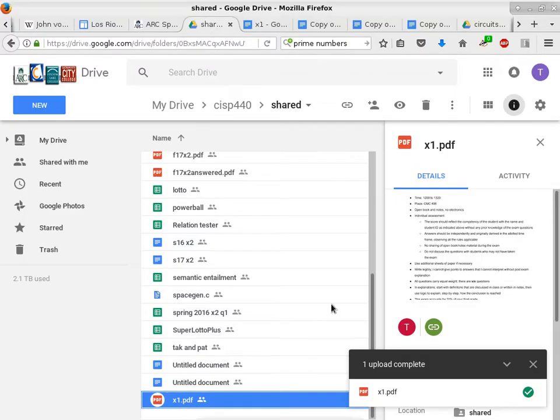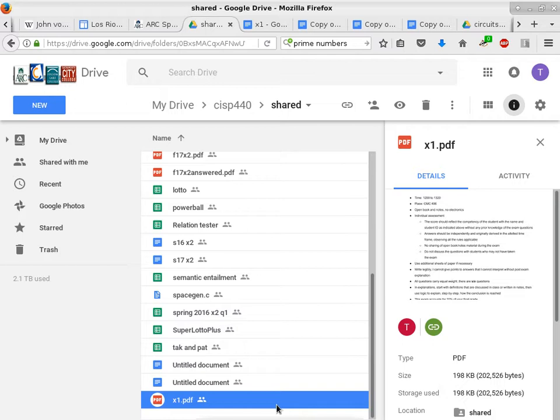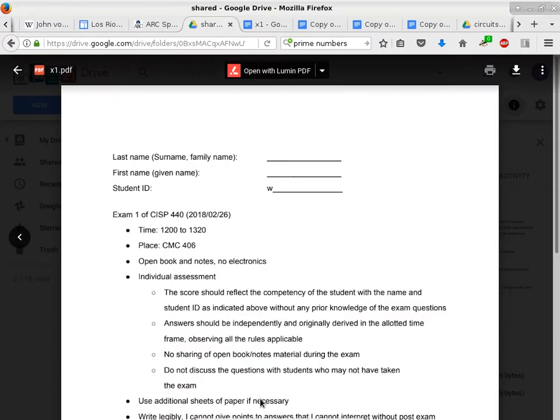This is a problem that I had before too. For whatever reason, once I upload a file, it doesn't immediately become available.